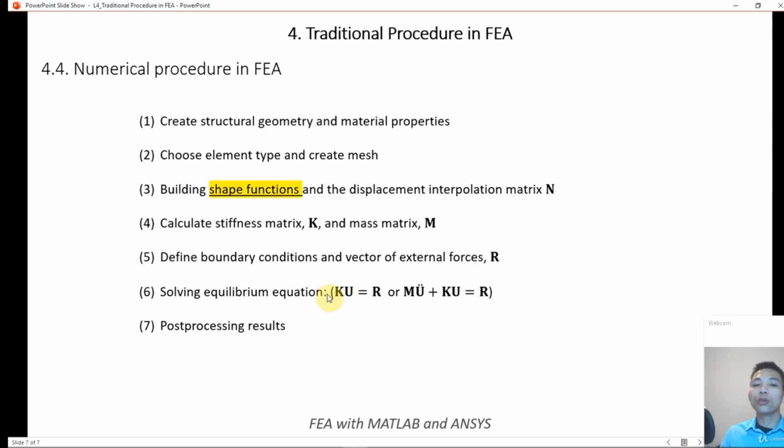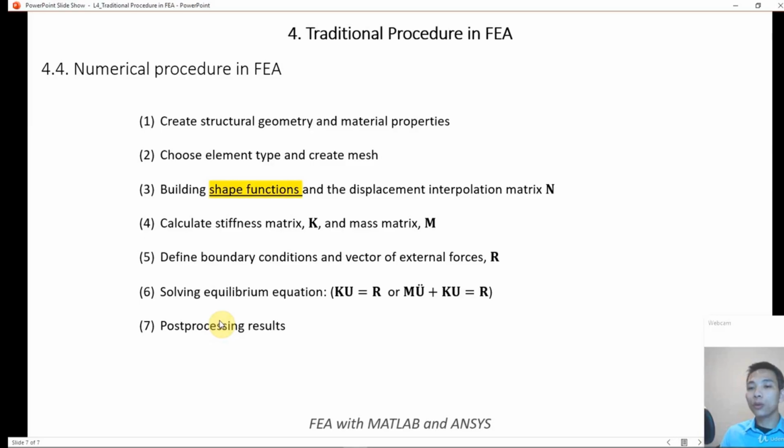And then when you solve that, you will obtain the displacement field, or in the dynamic case you can obtain the displacement field, acceleration field, and even velocity field. But for simplification, I just consider that you obtain the displacement field. And then you go to post-processing.